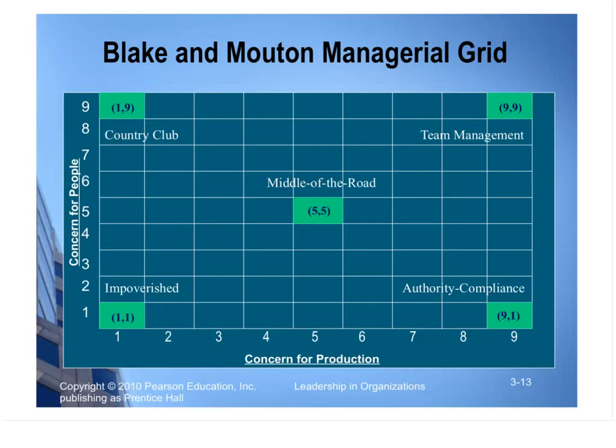Is it good to have the highest concern for people and the highest concern for production, or where, you know, tell me, where do you think is best? I give you a couple minutes to think about it, and then we will discuss it. Does everybody understand the question?